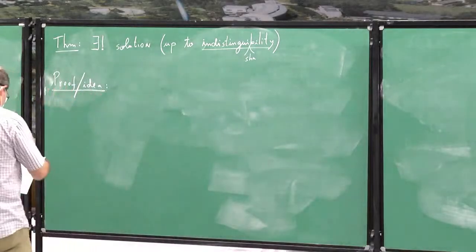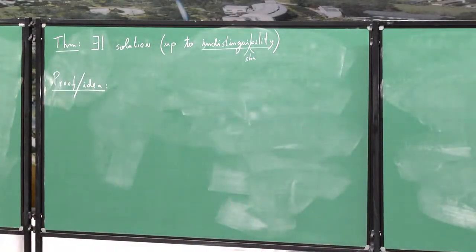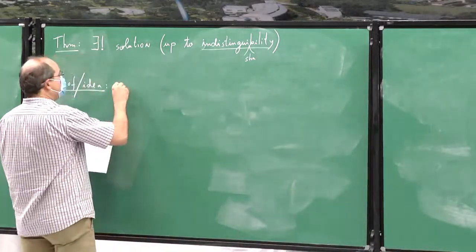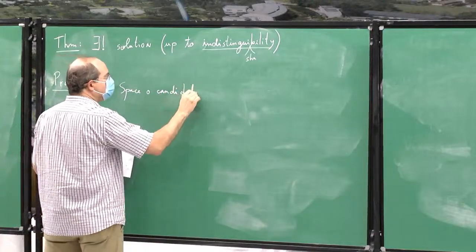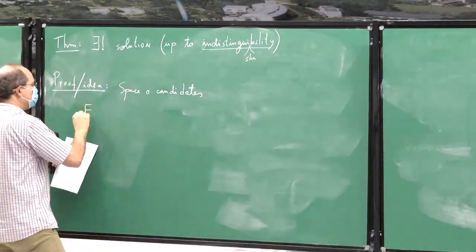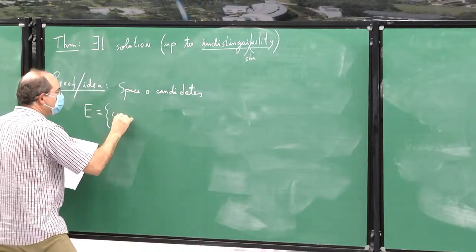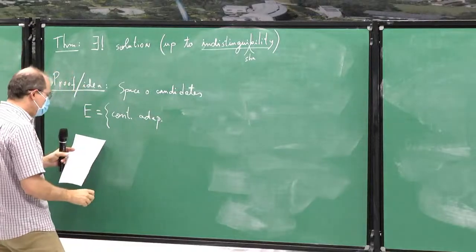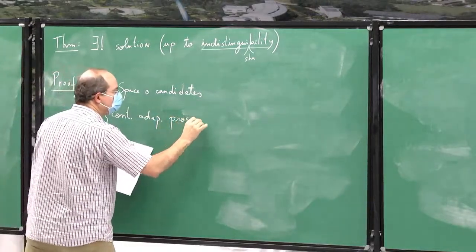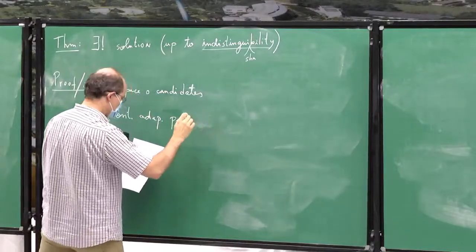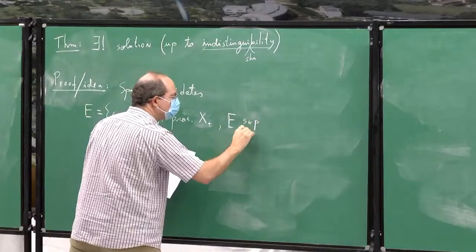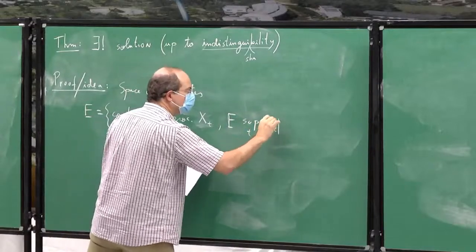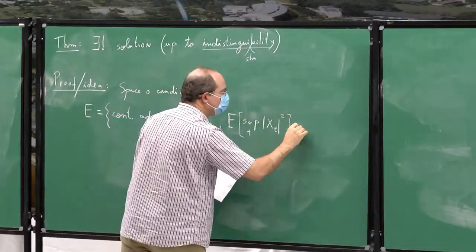So we take the space of candidates of solution, the space E of continuous adapted processes X_t such that the expectation of the composition of the two norms is finite.